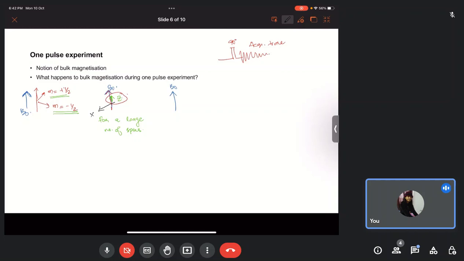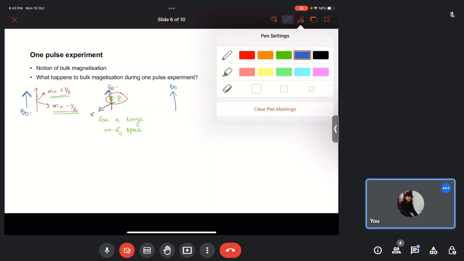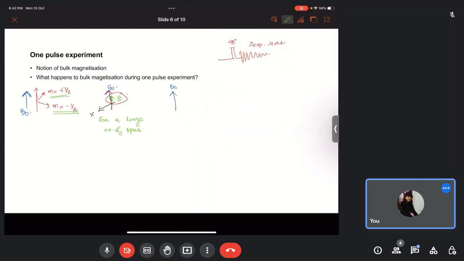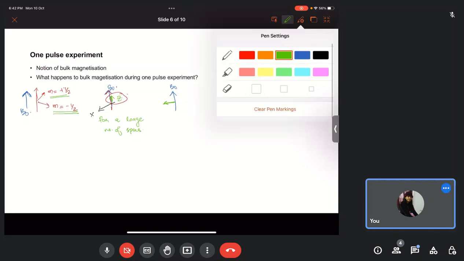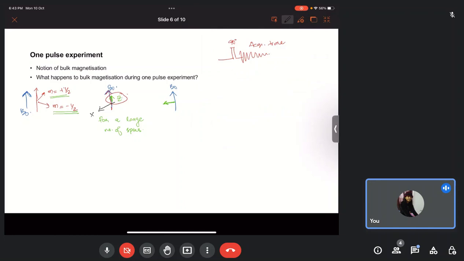What it does is put the magnetization along one of the transverse axes, which is perpendicular to the direction of application of the pulse.